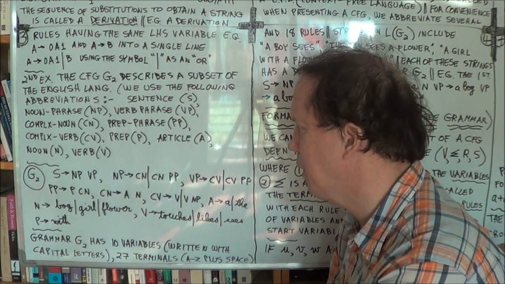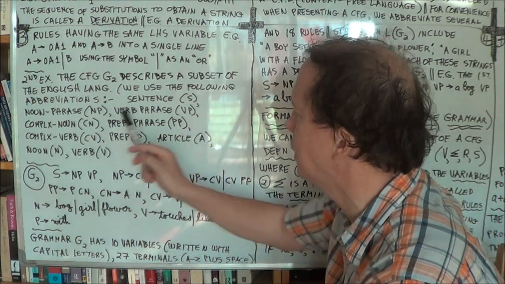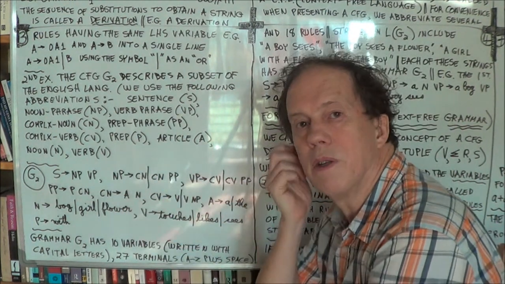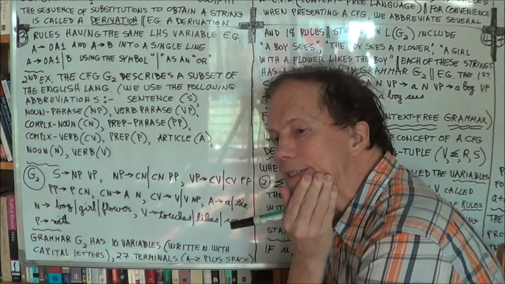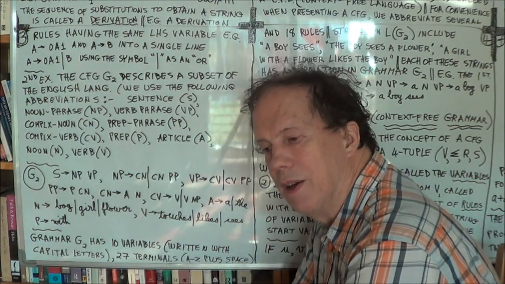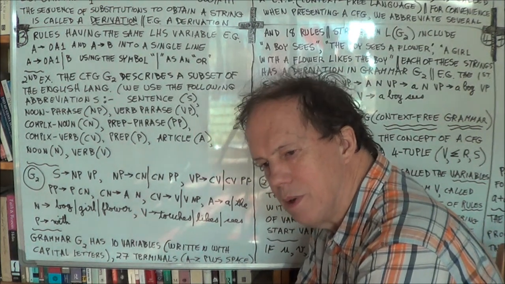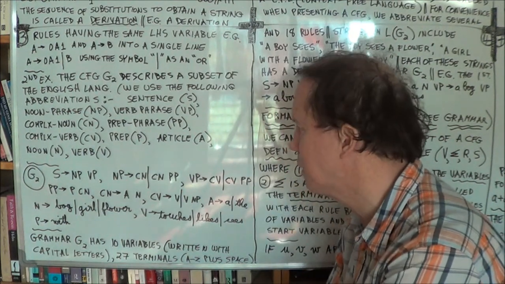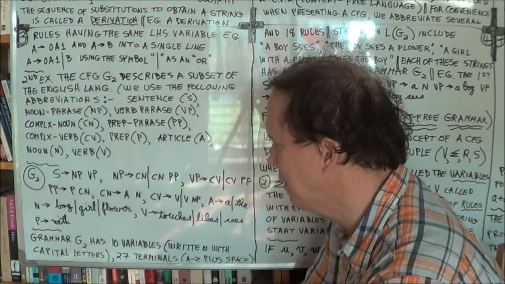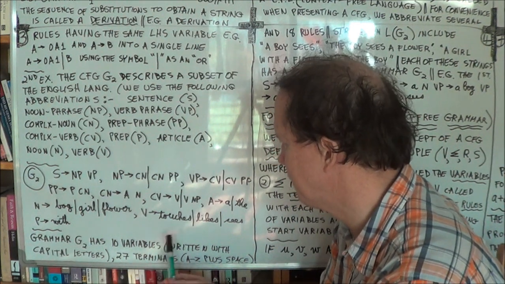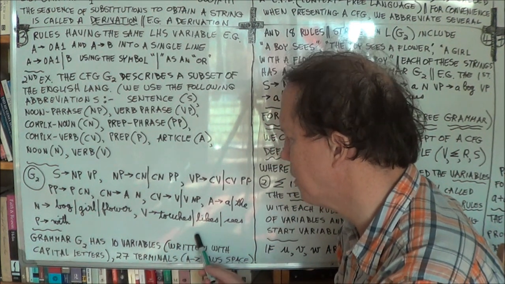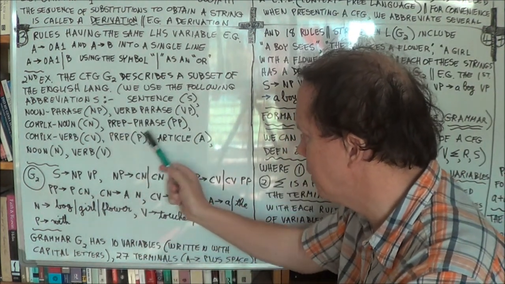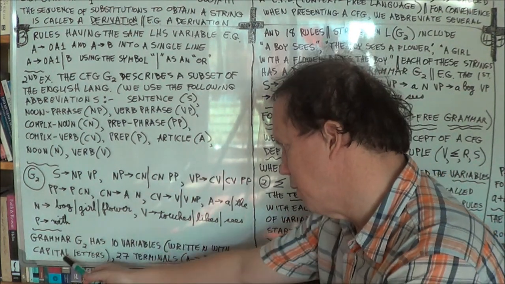How many variables does it have? Well, I'll just count these ones. There's 1, 2, 3, 4, 5, 6, 7, 8, 9, 10. So it has 10 variables. Remember the convention in this chapter's text: the variables are represented by a capital letter and the terminals are represented by a small letter. Well, in this case, they're actually letters. So 10 variables here, written in capital letters.